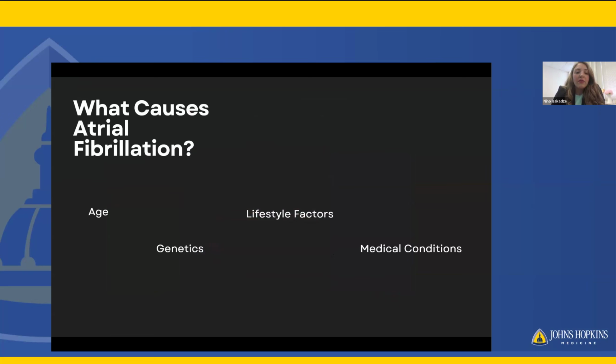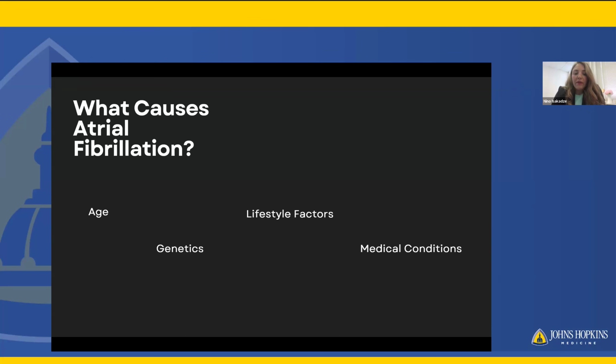What causes atrial fibrillation is the big question. We don't fully understand a lot of the causes, but the most important risk factor is aging. As we age and have growth and changes in the heart, the normal cells sometimes get replaced with abnormal cells, and that causes atrial fibrillation to happen more often as we get older.